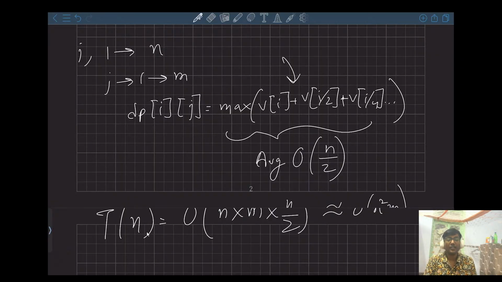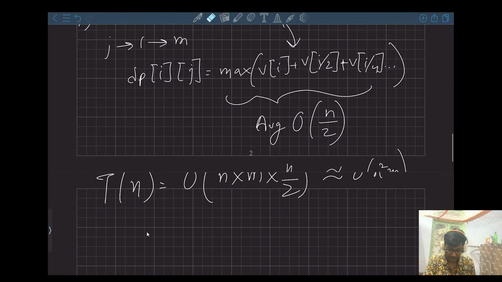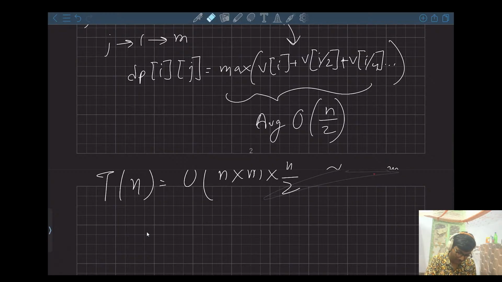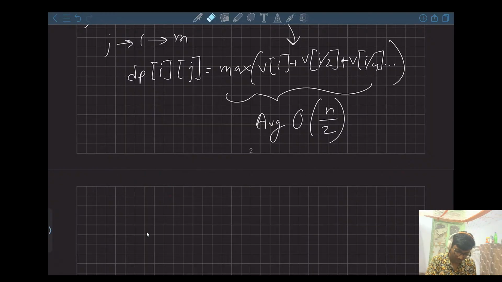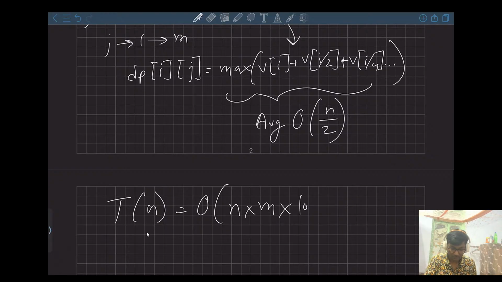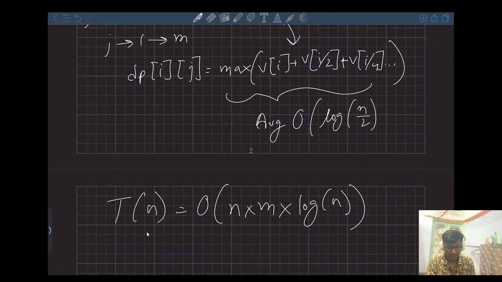So it's like log of I. So you can say log of n by 2, log n. So in this case again, the time complexity will be order of n cross n cross log n. Here, of course, the average will not be n by 2, it will be log of n by 2.